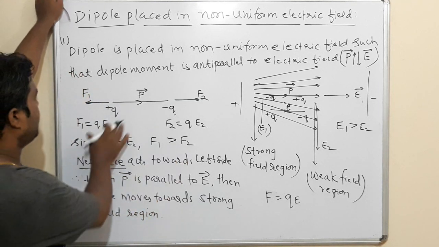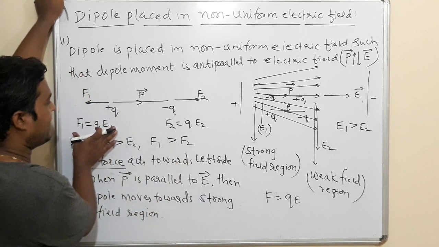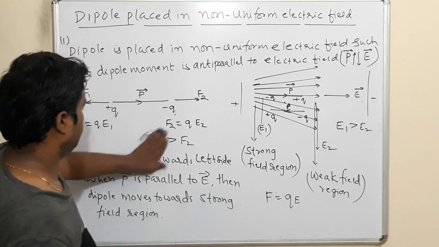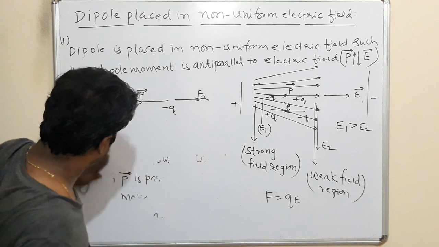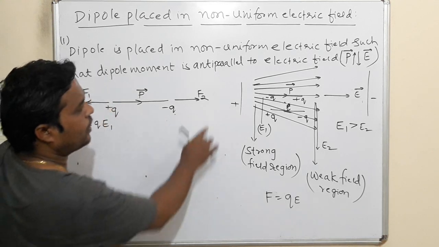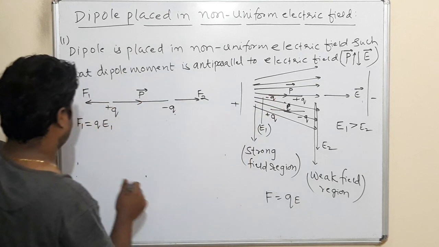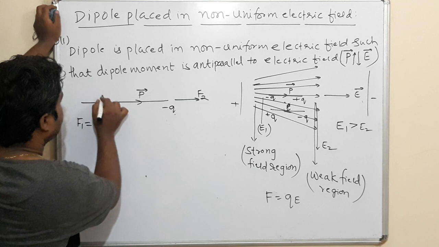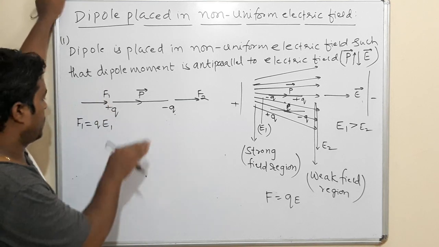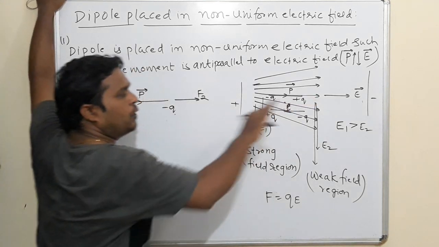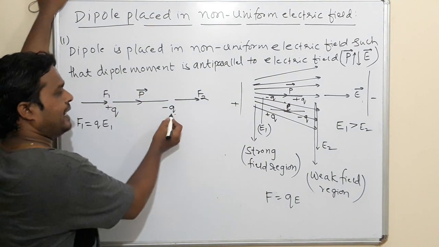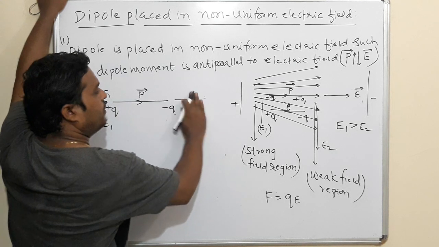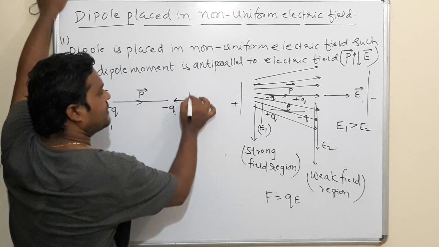Then on this charge the same force F1 will act, but what is the direction of F1? This F1 is now acting on the positive charge. So the direction of F1 will be like this, because the positive charge is pulled towards the negative plate. Then the negative charge will be attracted towards the positive plate. Then F2 will be acting in this direction.